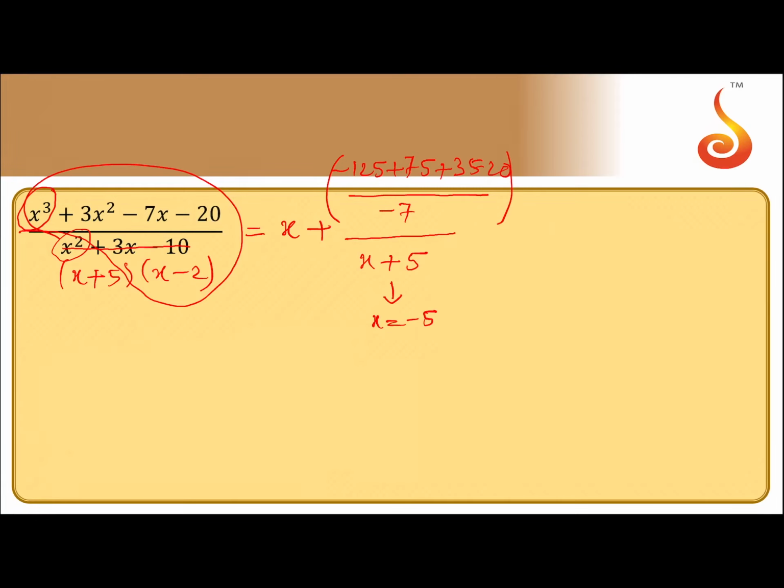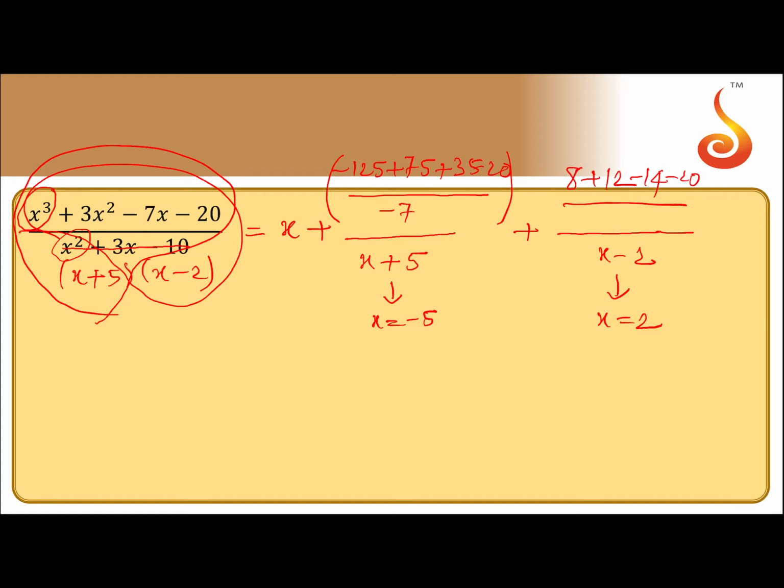Plus the partial fraction for x minus 2: equating it to 0, x equals 2, substituting in the factors other than x minus 2 gives us x cube 8, and x square, 2 square, 4 threes are 12, and 2 sevens are 14, minus 20, divided by 2 plus 5, 7.